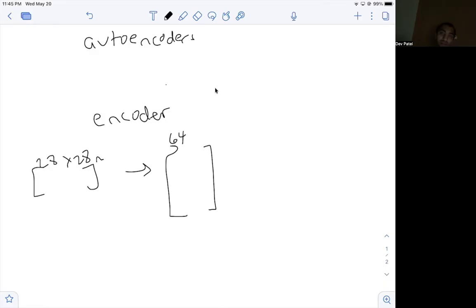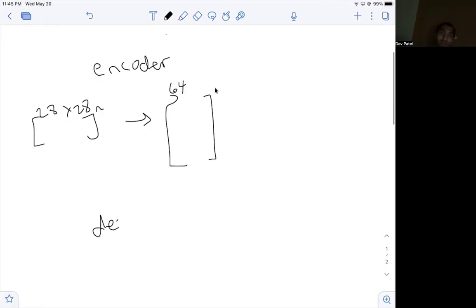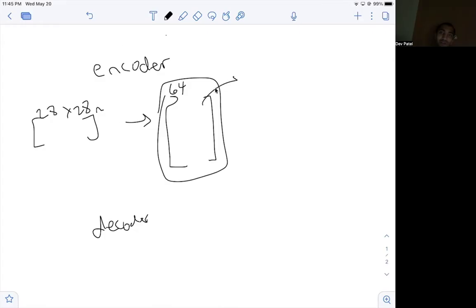Let's say it's 64. And now a decoder, and again, this latent representation is not directly interpretable by humans. It's abstract features that the encoder learns from the original input matrix.